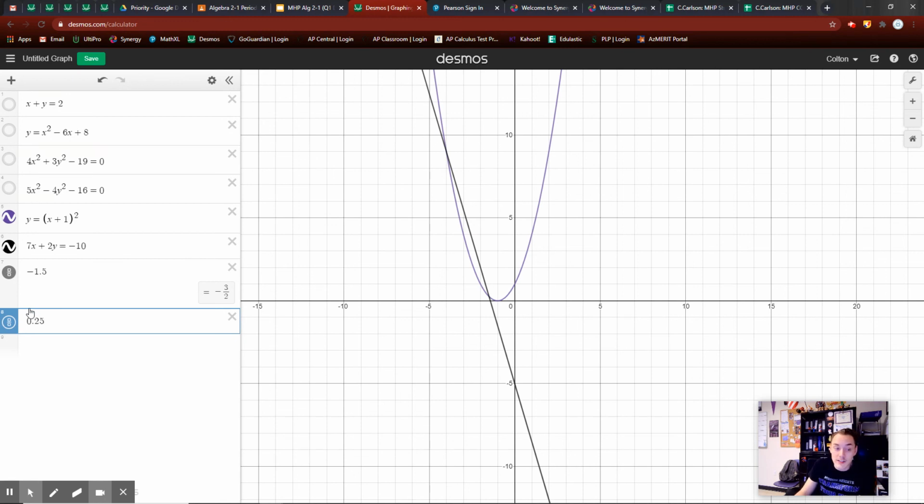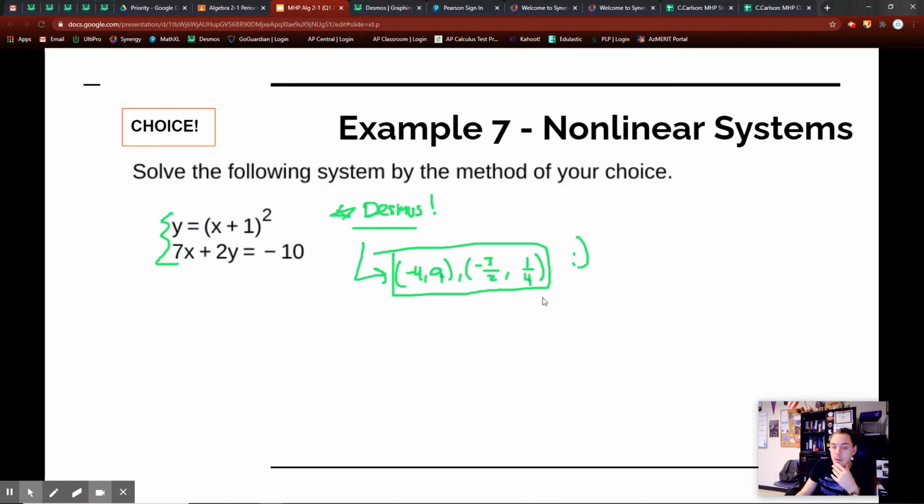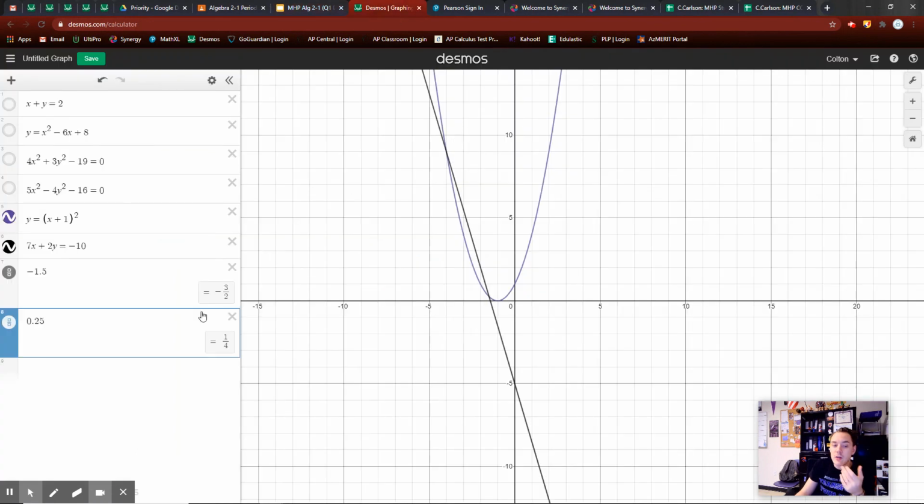It's 1/4 of a dollar. 0.25 is 25%, and 4 times 25 is 100%. So those are my actual points, -3/2 and 1/4, and that's exactly what I have here. So even with Desmos, when you get decimals like this, you can still toggle this fraction button here, but you need to try it out, okay, is what I'm saying.